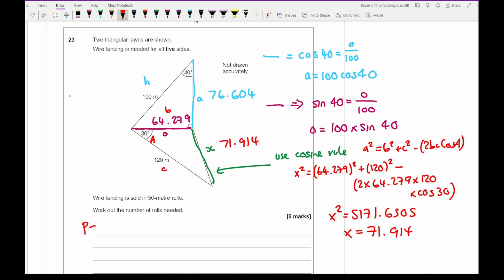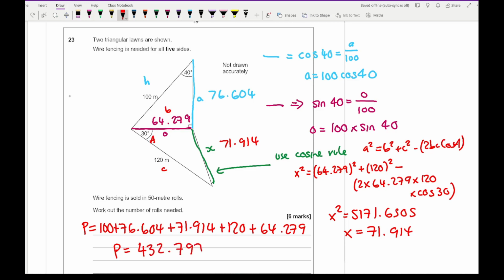So working out the total perimeter, it's going to be 100 plus 76.604 plus 71.914 plus 120 plus 64.279. And if I enter all of that in my calculator, it gives me a total perimeter of 432.797.